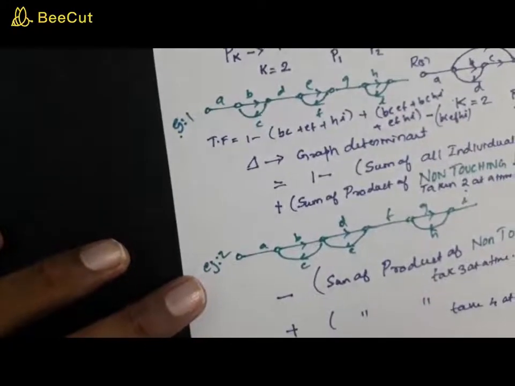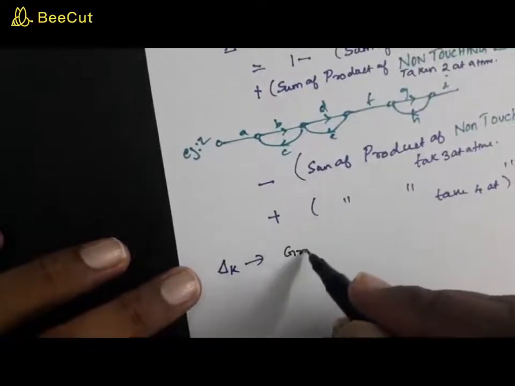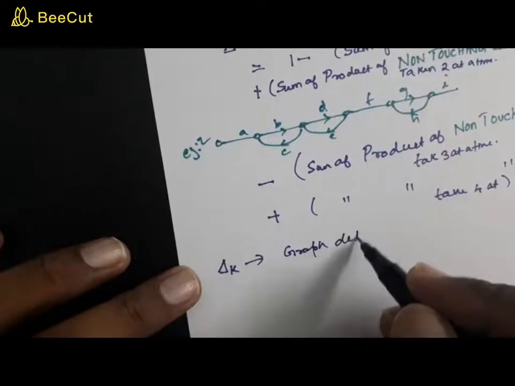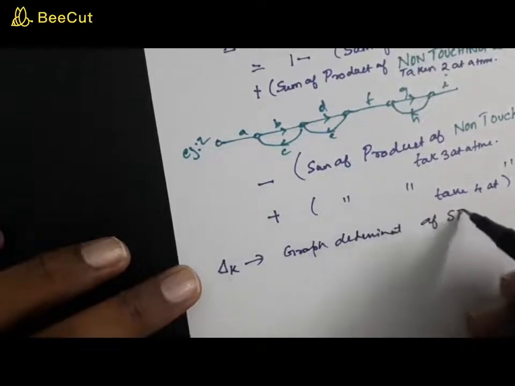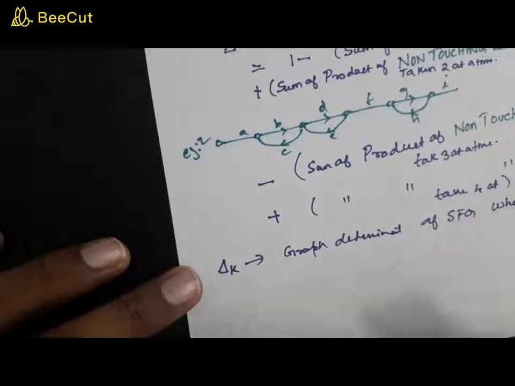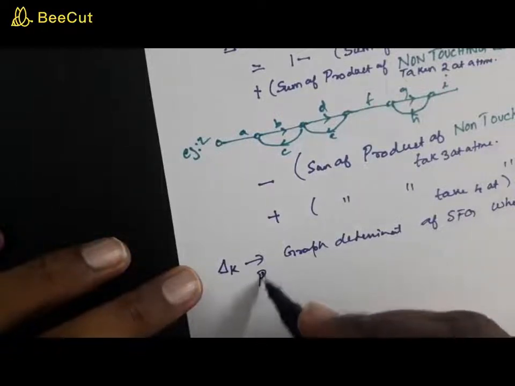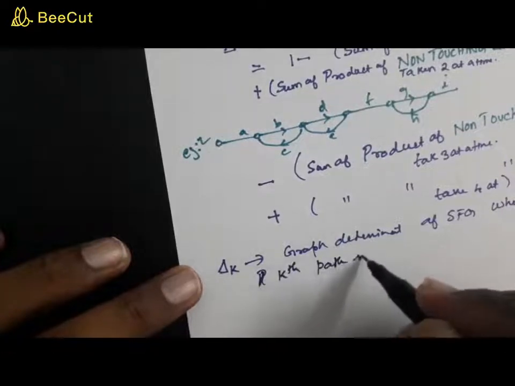That is, it is actually the graph determinant of the SFG when the kth path is taken away.